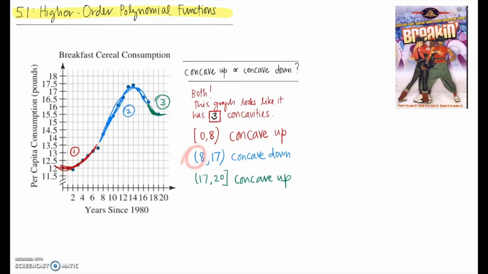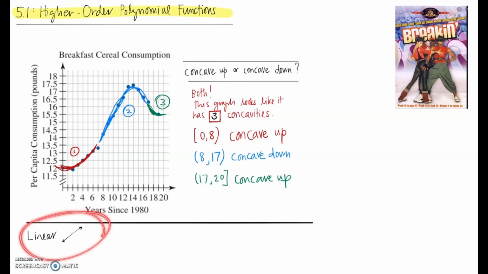Same story here. At this point, it's a point of inflection. Another point of inflection at 17, it's neither concave up nor concave down, but for my endpoint 20, I'll say that it's still tending towards concave up at that point. So I'll include these endpoints, and I'll indicate each of these transition points, these points of inflection, but they're not going to be included in the description of being concave up.